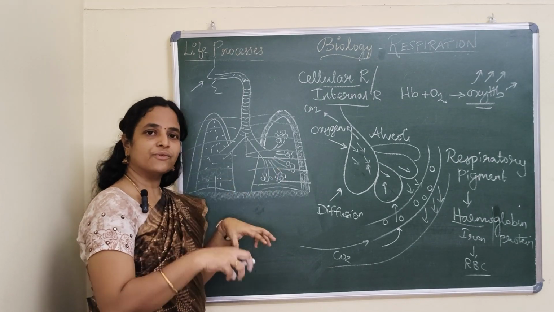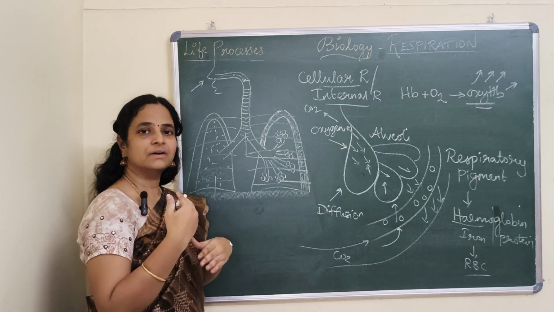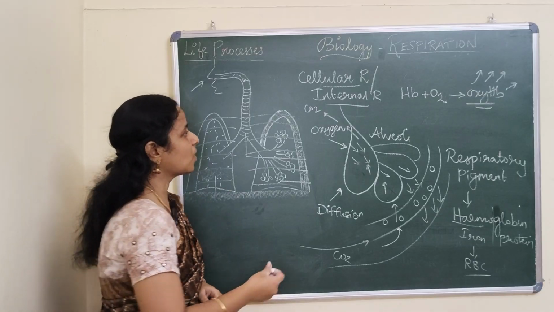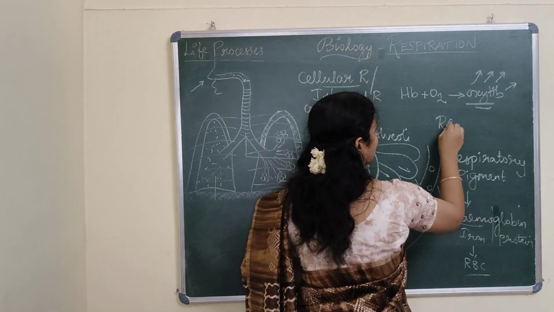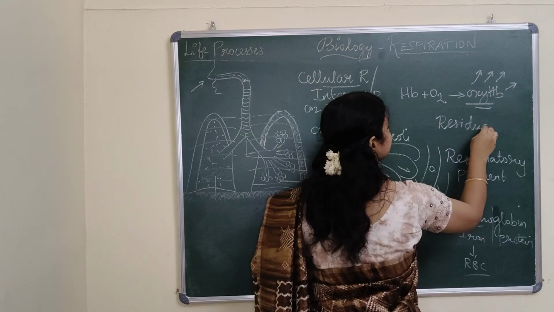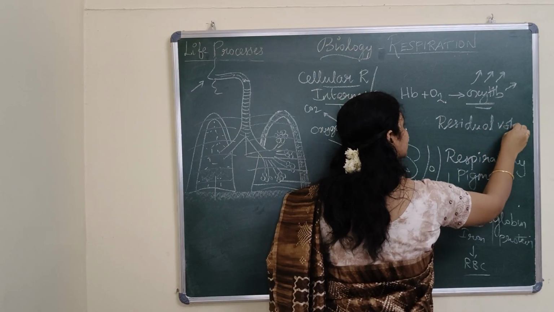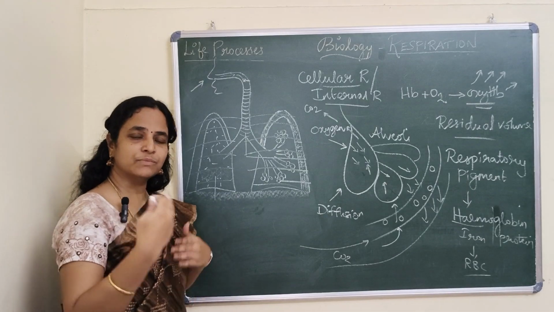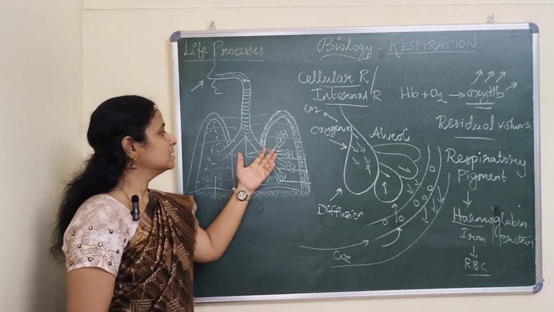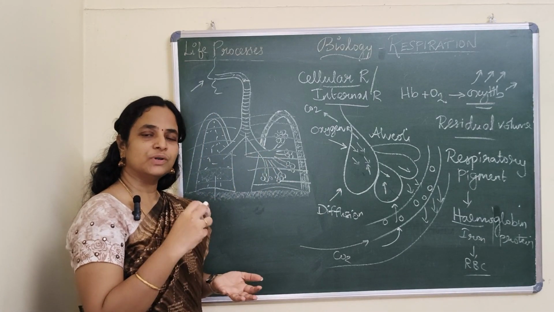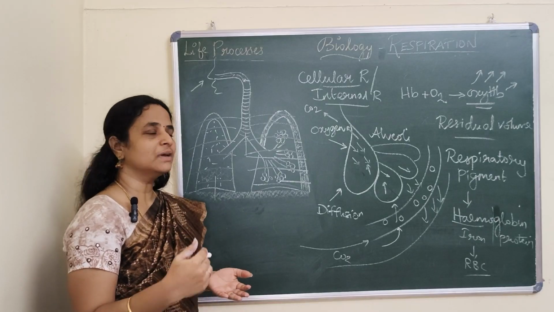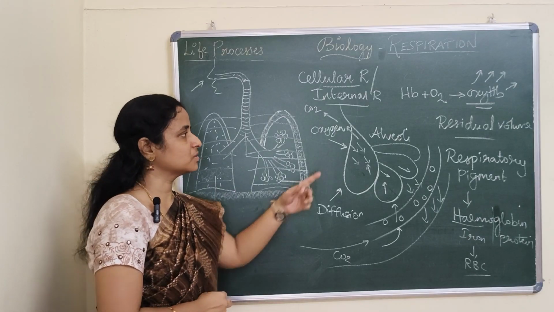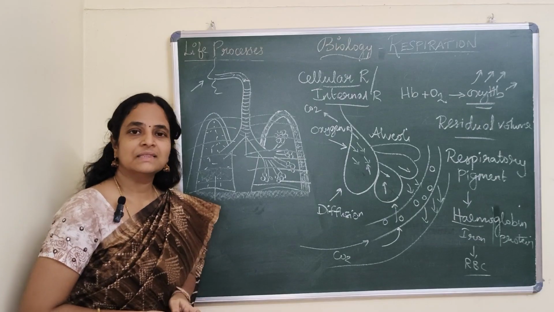That presence of oxygen in the lung all the time, you call that the residual volume. So residual volume means the lung will have a certain amount of air to maintain the process. Though breathing is continuous, the lung will also have a certain amount of air within all the time in order to maintain the process. You call that volume the residual volume.